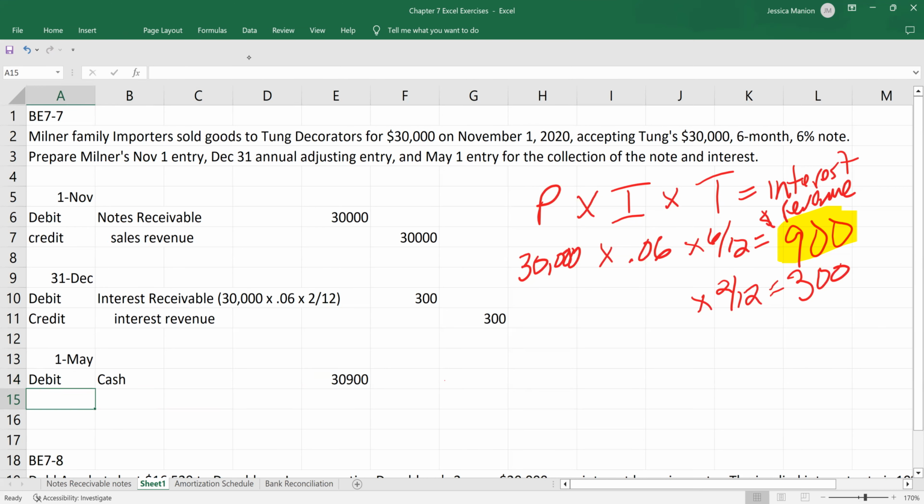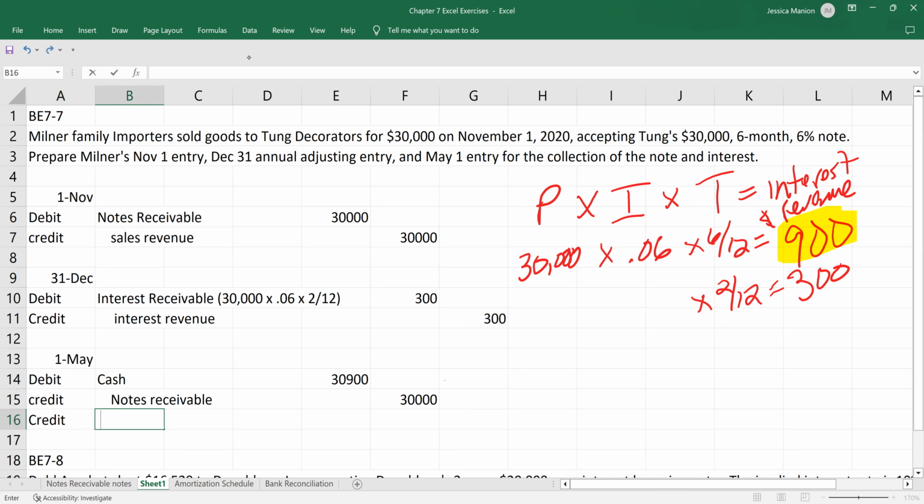And then we need to credit notes receivable. They're paying this off now, so crediting notes receivable for 30,000.